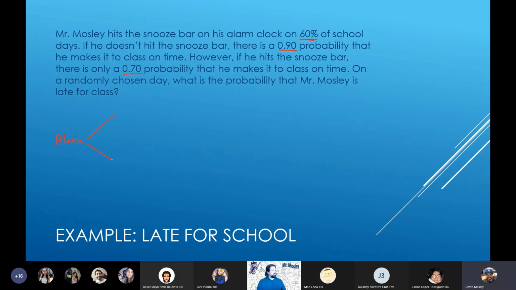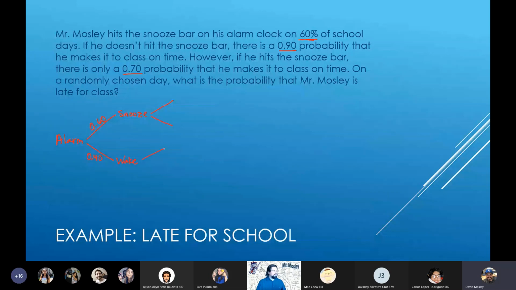Choice one is snooze, or we'll call the other one wake. We have a 60% chance that I'll hit the snooze button, which means there is a 0.4 chance that I just wake up.